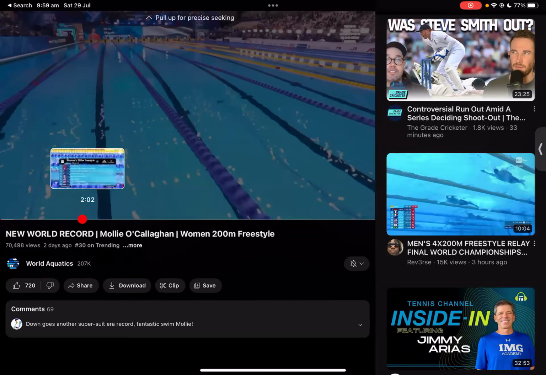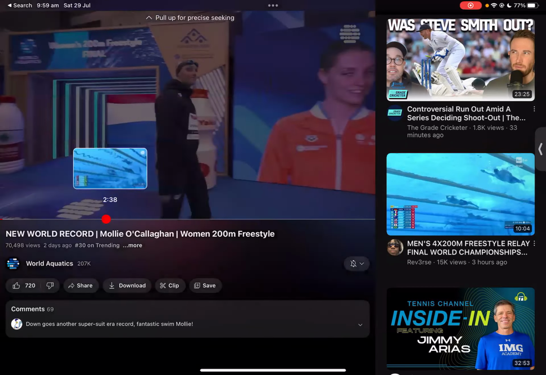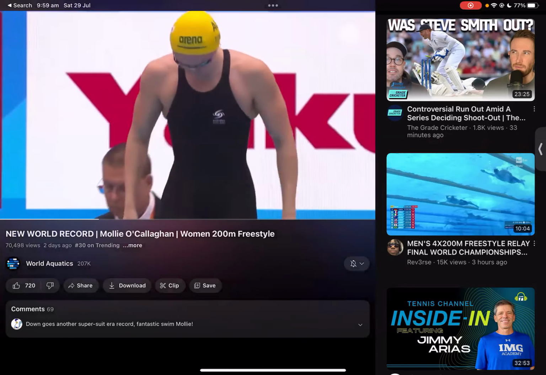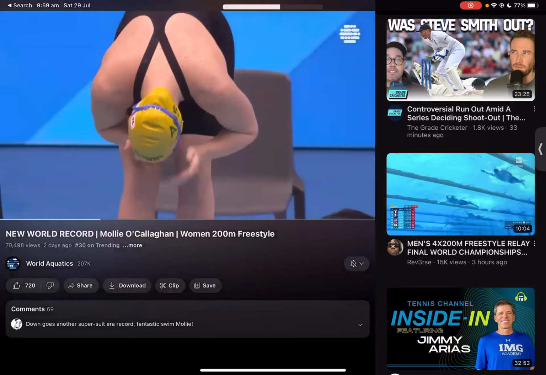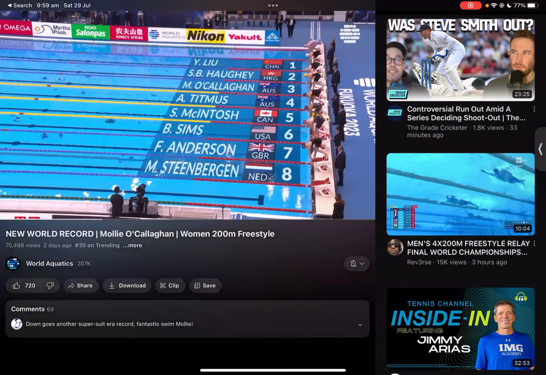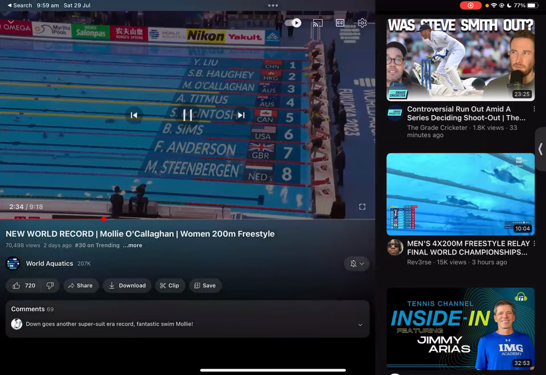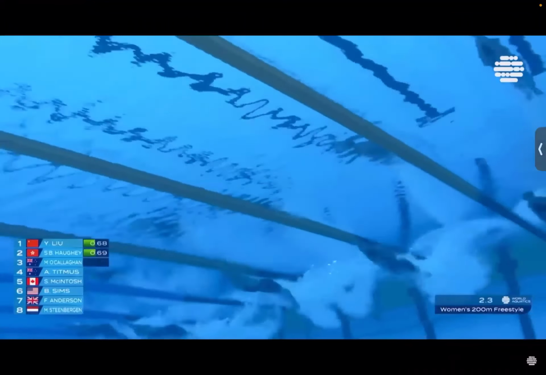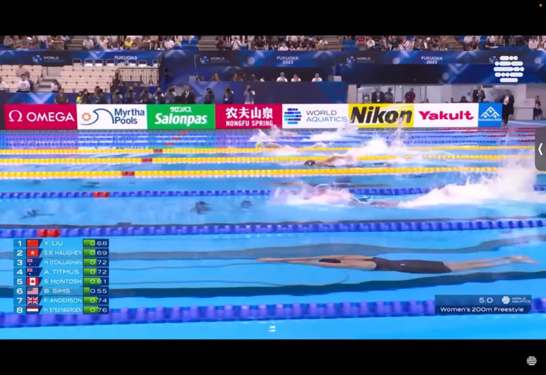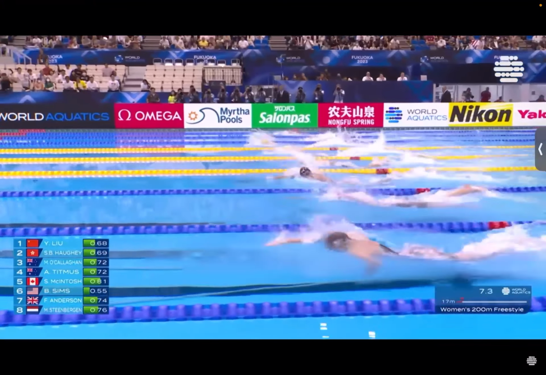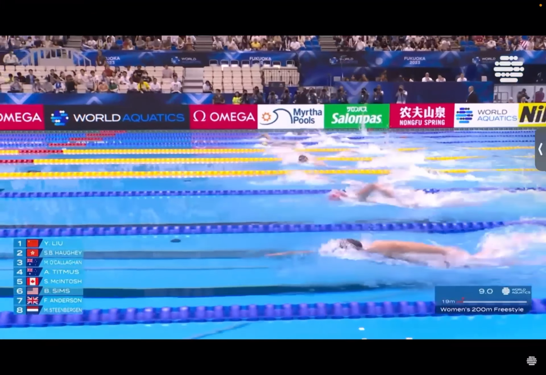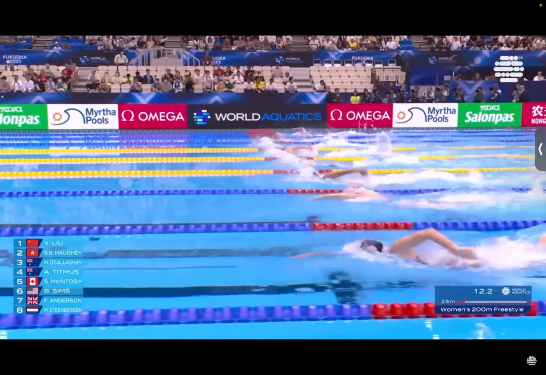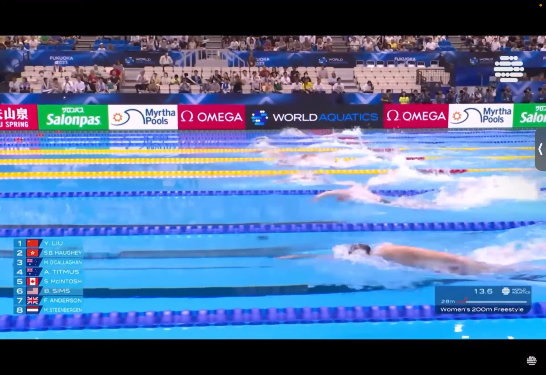200 metres freestyle. We've got the final about to unfold. Let's start after this. There's no Titmus, right? She was a big favorite to win this. Away in this final here with Titmus and McIntosh, the rivals in 4 and 5 there. Watch also for Hawhey in lane 2 and O'Callaghan in lane 3. This is going to be one heck of a race. McIntosh slow off the blocks. Titmus edging ahead.